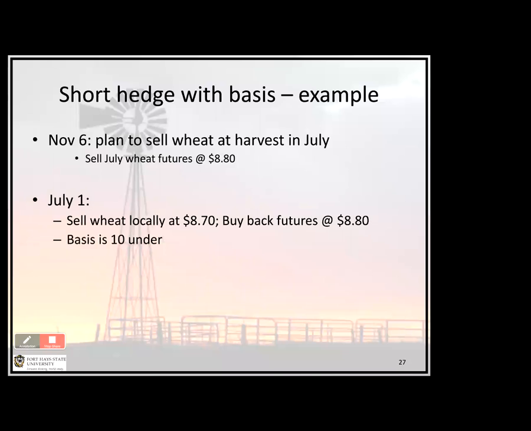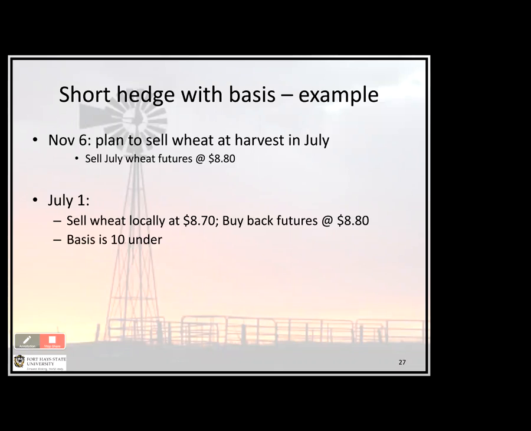Now we're going to fast forward the clock about nine months. We sell wheat locally at $8.70. So the price of wheat in Hays is $8.70, and the July futures contract happened to be $8.80 at that time.